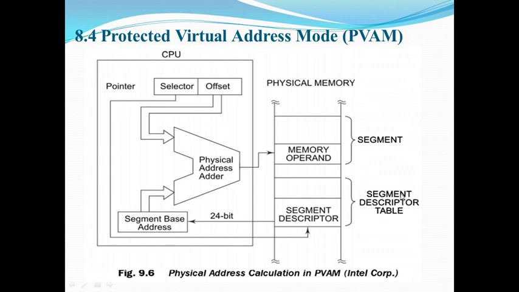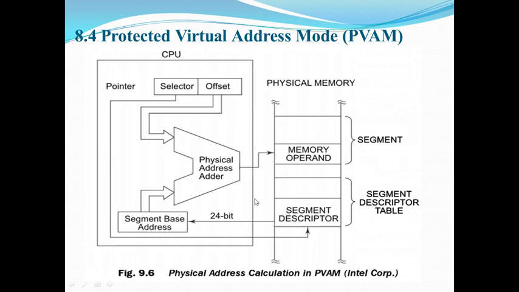Based on the type of program or pages I want to load, the segment type can be data operand, stack, code, etc. Based on this segment type, a different segment descriptor will be there, and it will be maintained in some descriptor table. The table is always available in physical memory, so that the required segment can be swapped in or out.